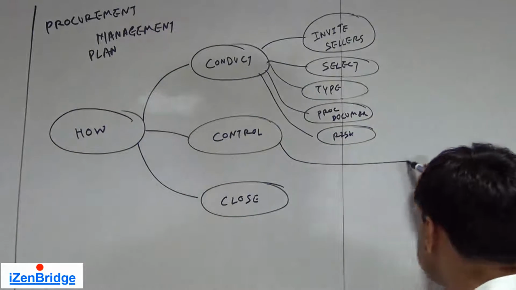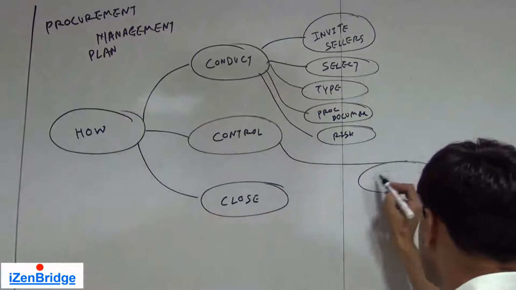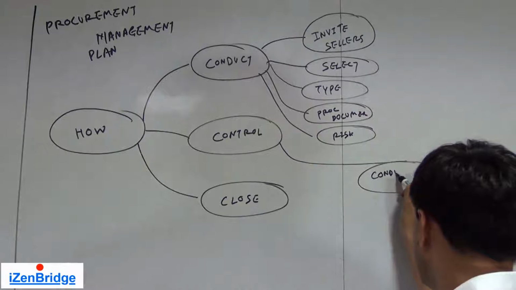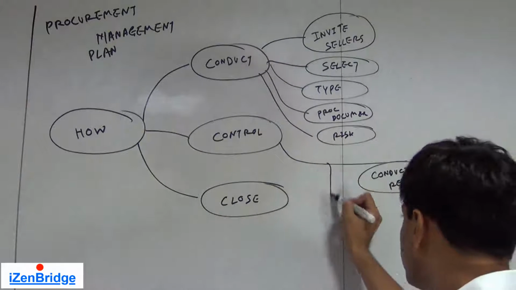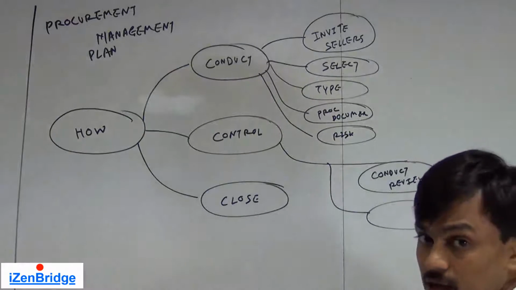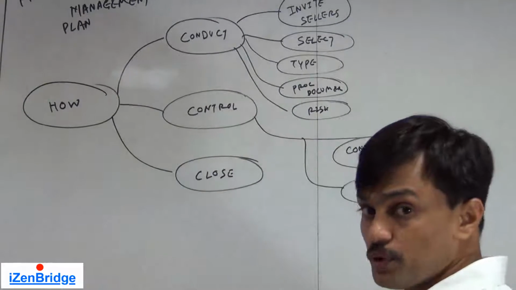While controlling, it should tell us how we are going to conduct review of procurement progress, at what frequency we should comply, and consolidate or compile the performance reporting information.